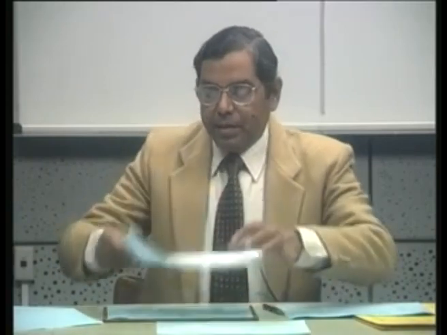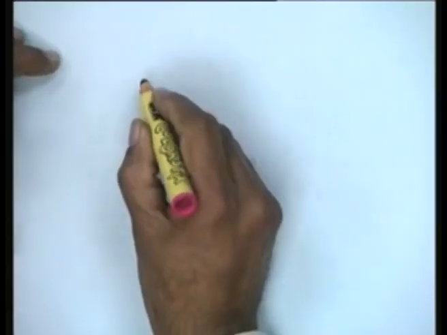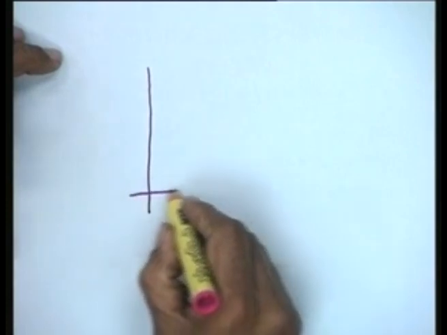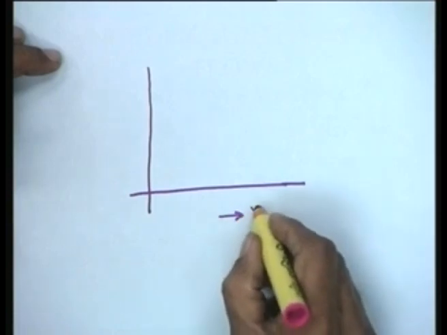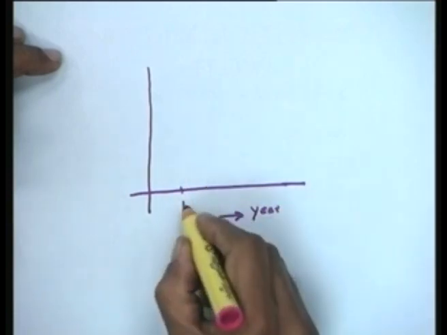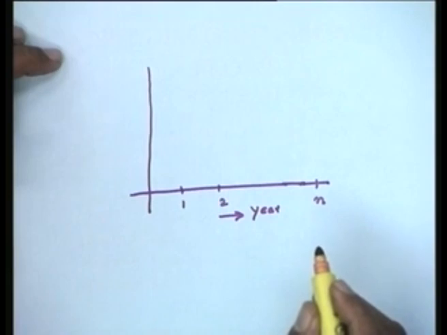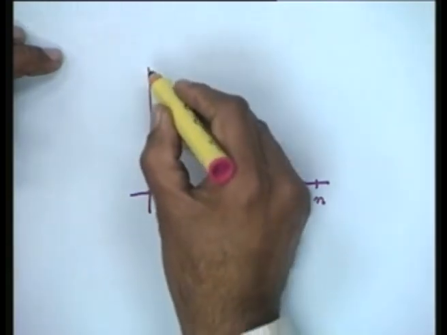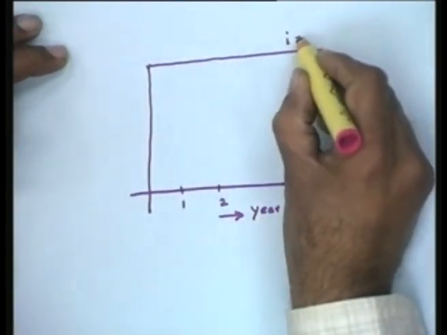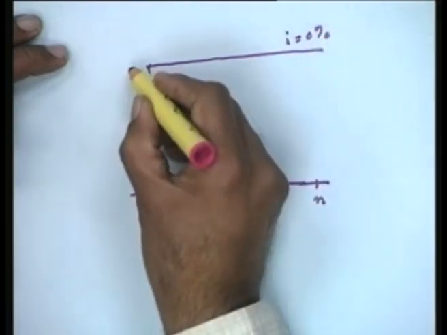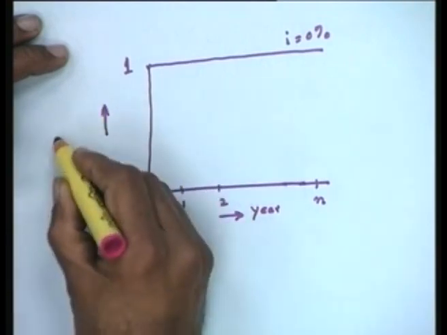One should see that if I plot this particular value here and I have the number of years here, it could be 1, 2 and so on up to n years or whatever it is. And if I take the interest rate, obviously if the interest rate is equal to 0%, then the value here, this is 0 and this is 1 and this is the value of the discount factor.